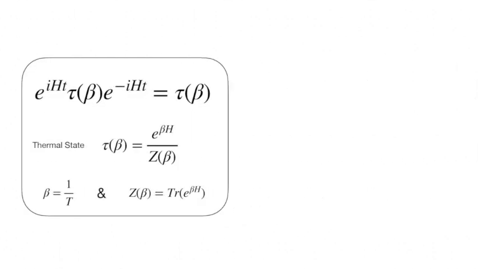Some of you might also be familiar with thermodynamics. One state that fulfills this property is the thermal state. It's time invariant. It's given by the Boltzmann distribution over the energies in the energy eigenbasis.